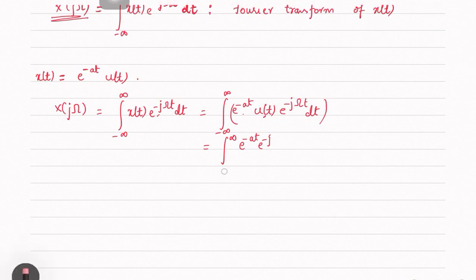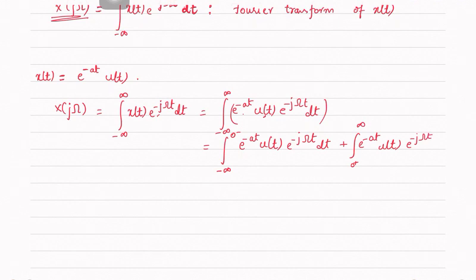If you want me to explain it more clearly, I can split this integral. This integral is 0 because u of t is equal to 0 in this interval, and here u of t is equal to 1. So this will be nothing but 0 to infinity e power minus a t.